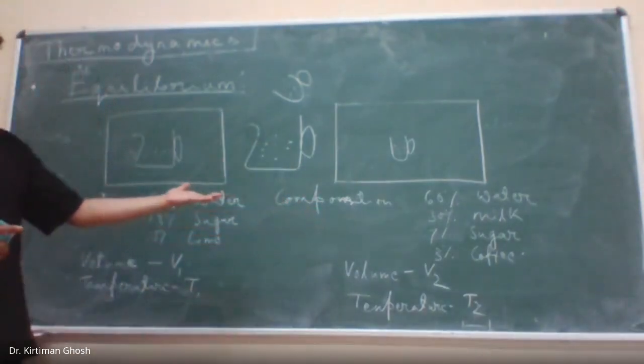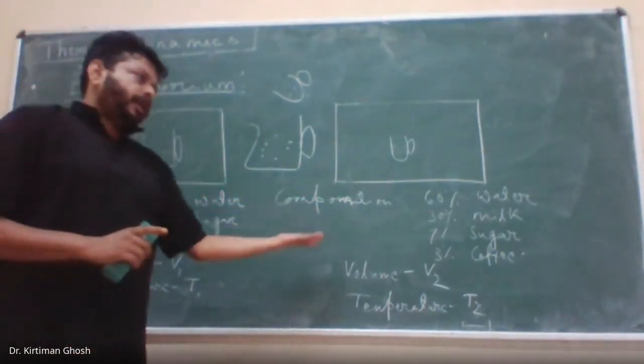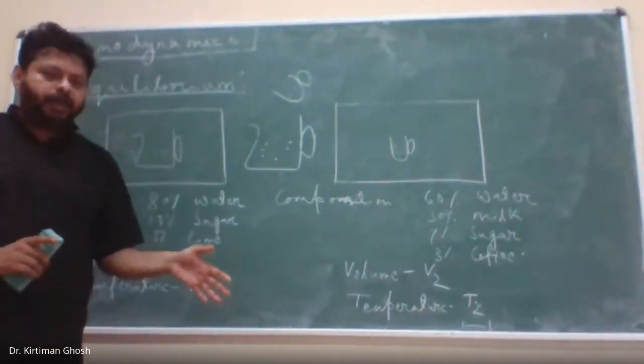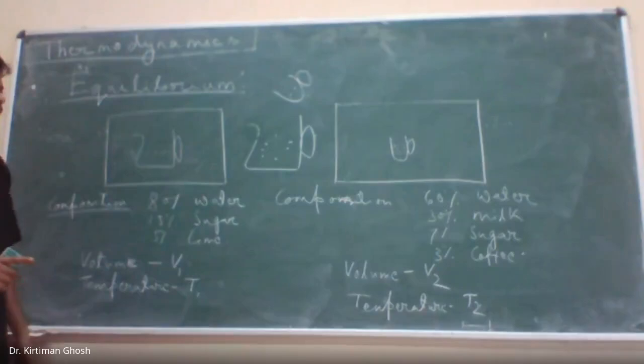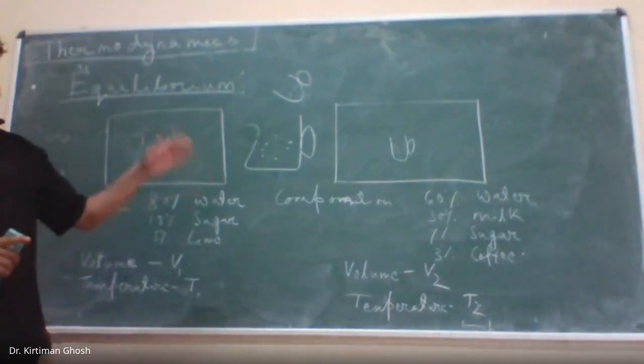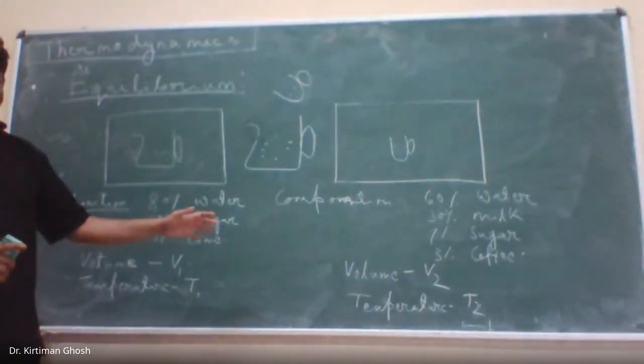So microscopic description is possible whether the system is in equilibrium or not, but macroscopic description for a thermodynamic system is possible only when the system is in equilibrium.